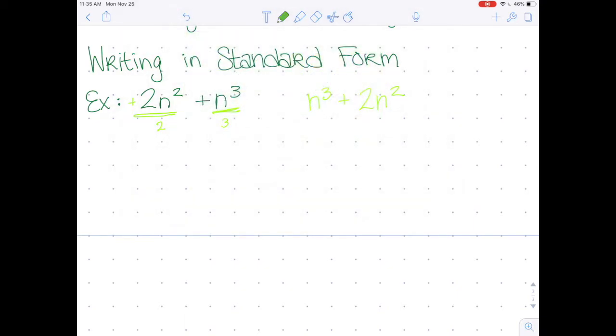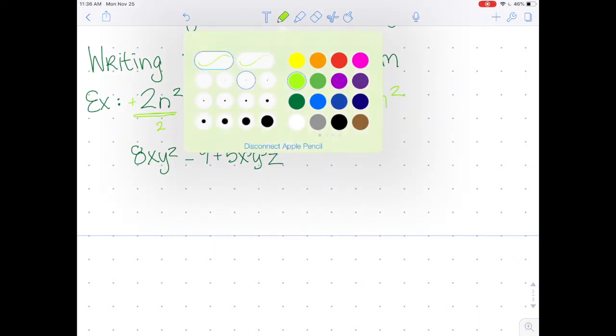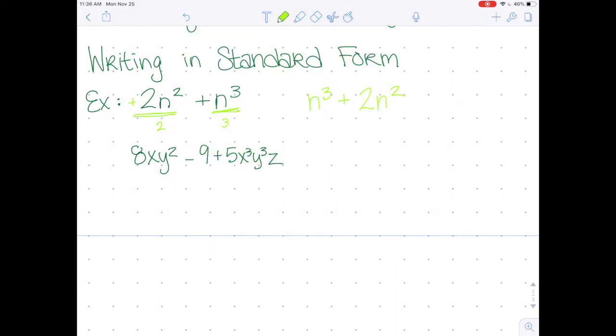Okay, let's try another example. How about if I have 8xy squared minus 9 plus 5x cubed y cubed z. Well, if we're looking at this first term, we have x to the 1, y squared, so the degree is 3.